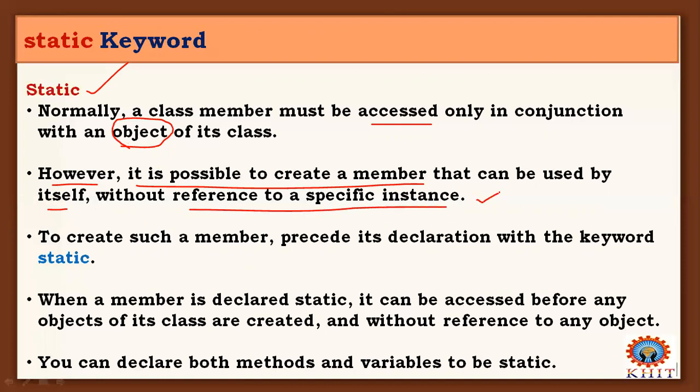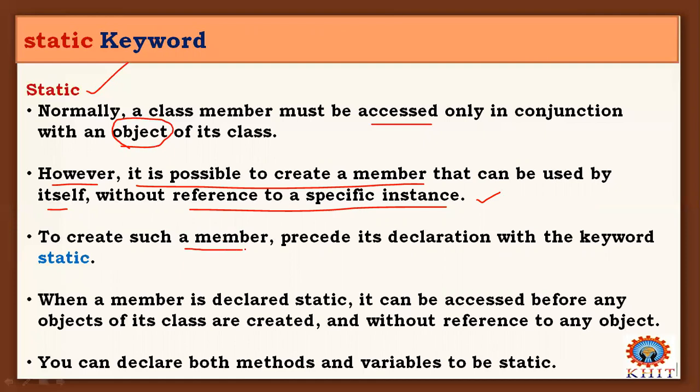That means we can create a member of a class with no condition that it be accessed through an object. It can be accessed without creating any specific instance of the class, and we can make a call to that method or member of the class.